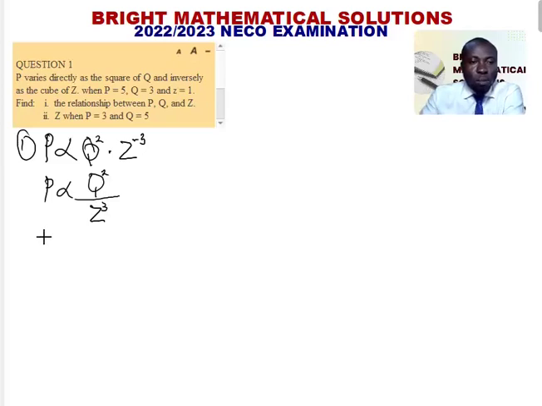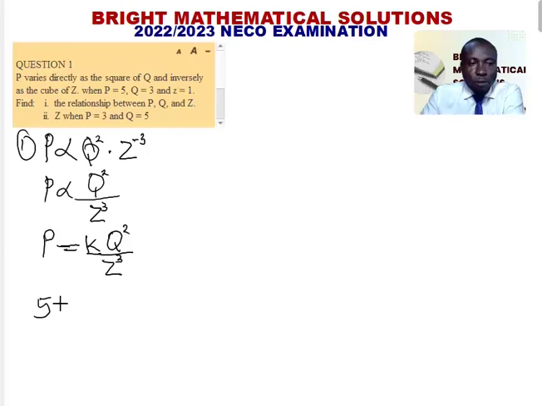Now let us express this in a solvable manner by introducing a constant K so that we can solve the expression. Now we substitute the values that we are given so that we get the relationship between them, which is the constant.